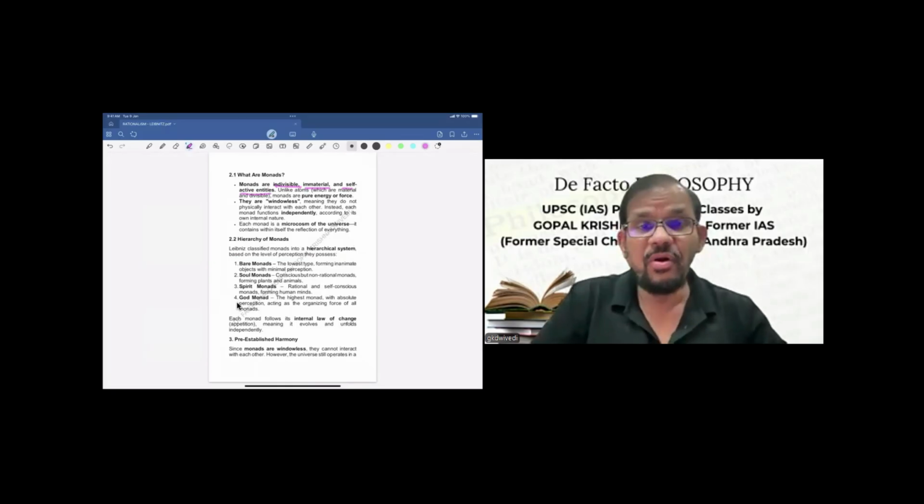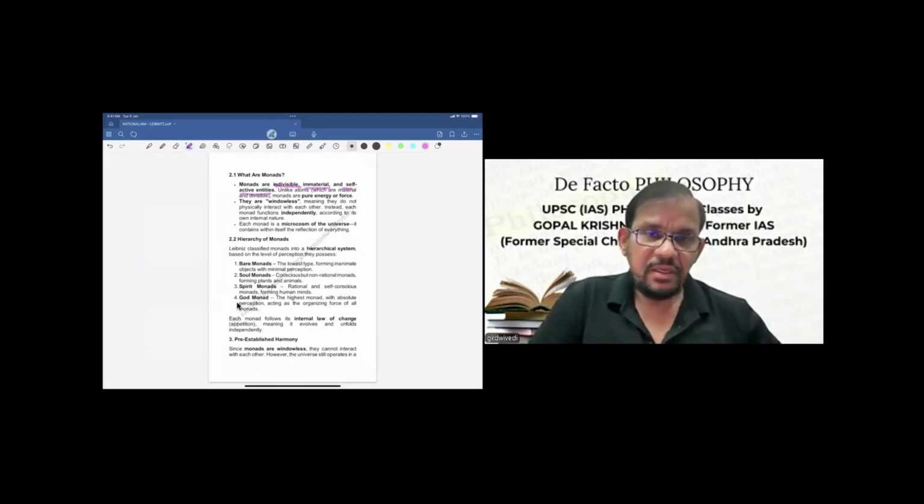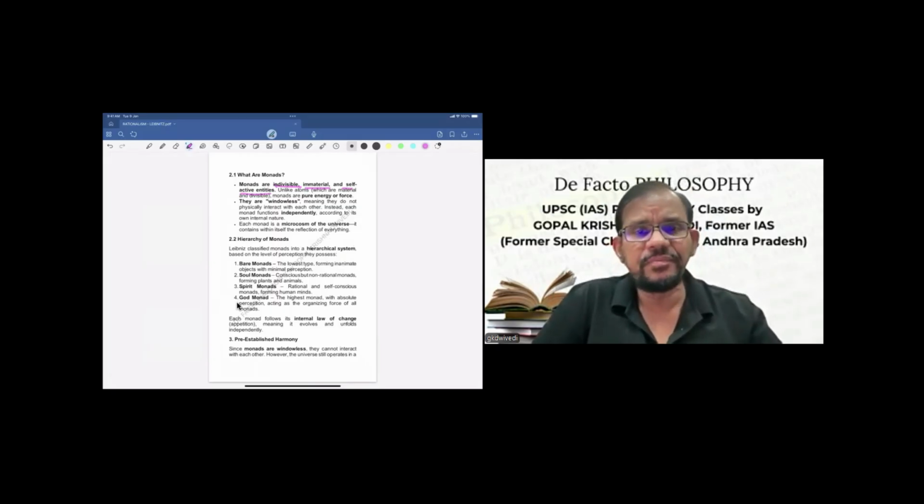We know every element consists of atoms, but atoms are material and divisible, because there are electrons, protons, neutrons, and these kinds of particles, and they are material elements. No consciousness is there. Monads are individual, immaterial, and self-active entities.